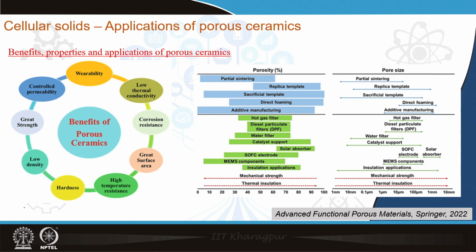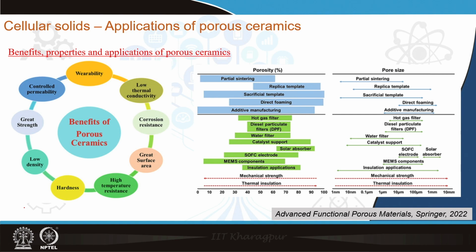And there are different fabrication processes which control the porosity, the pore morphology and the pore size. But what we can see is that for many applications the porosity varies in the mid range, from 30% to 70%.